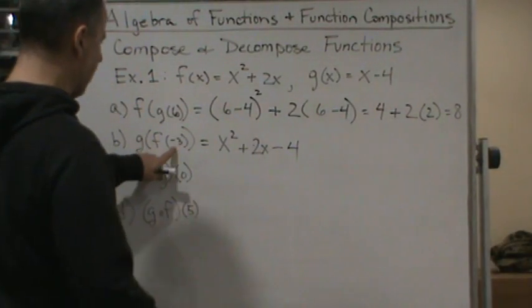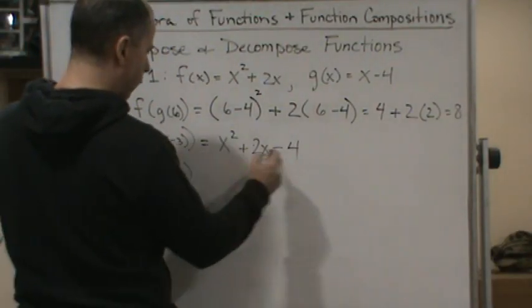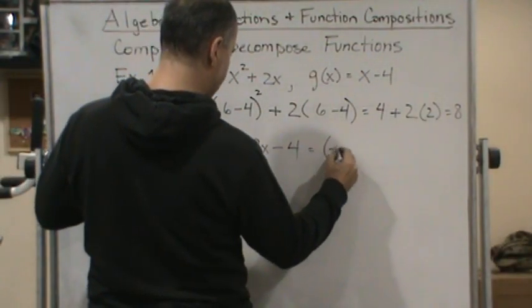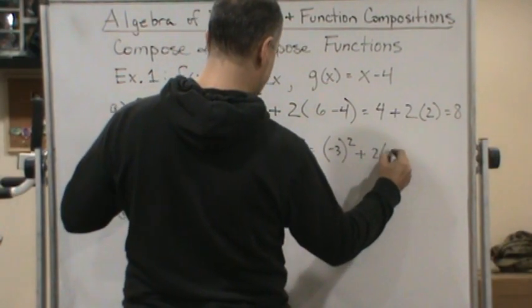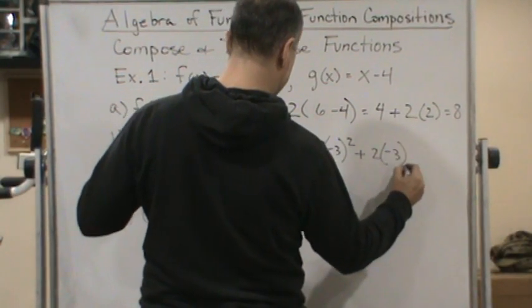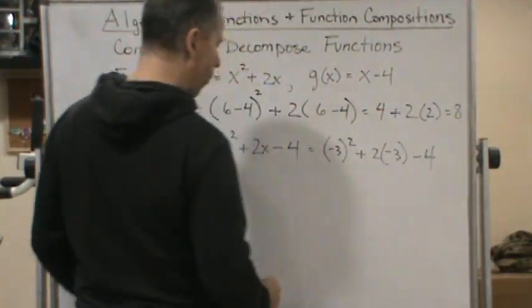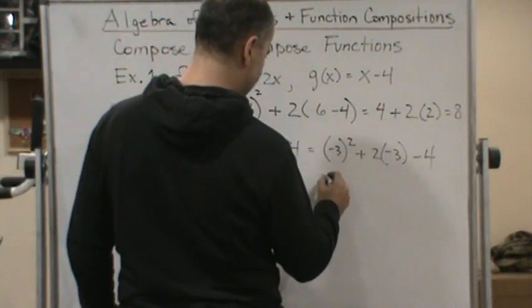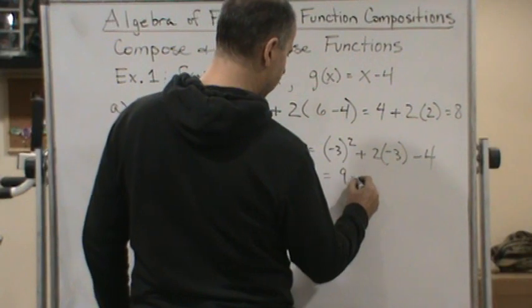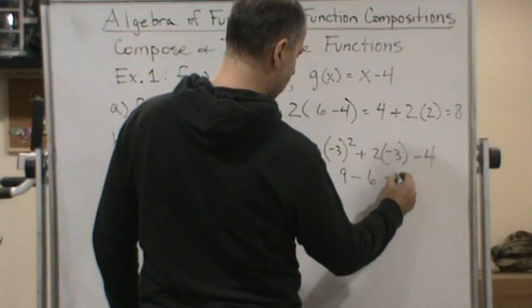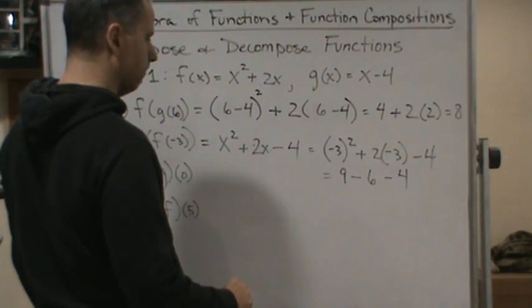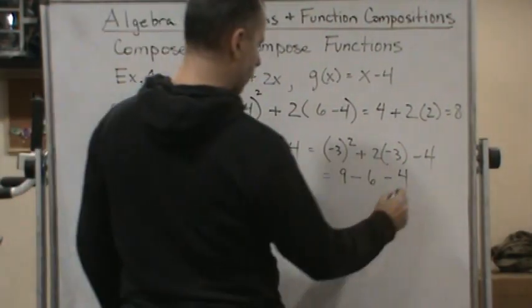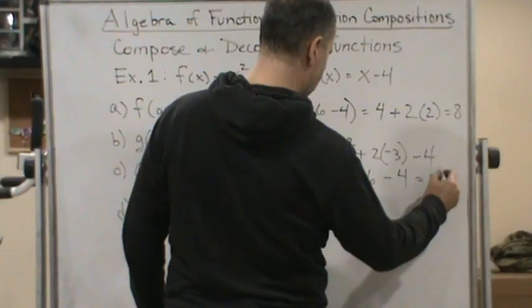And then I'm just going to evaluate this at negative 3, right? So this is going to be negative 3 squared plus 2 times negative 3 minus 4. And I get the same thing. I get 9 minus 6 minus 4, which gives me negative 1.